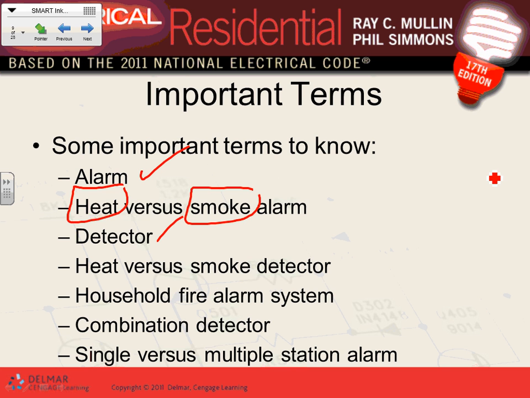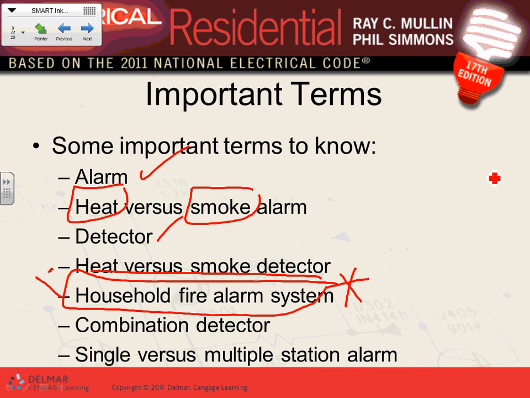Heat versus smoke detectors, household fire alarm system. This is what I'm going to focus on. This is how we're going to design ourselves, based on a household fire alarm system, which is basically these smoke detectors. We have the horn, strobe, and detector all in one. Everybody can see that. I'm sure you've seen it.